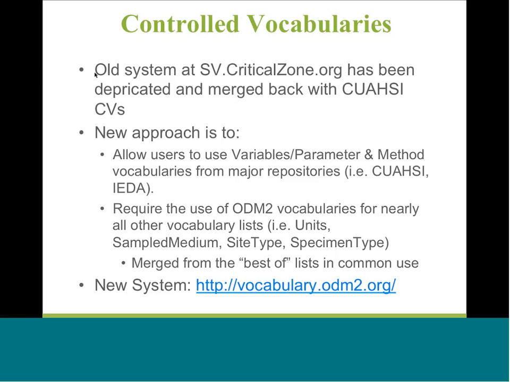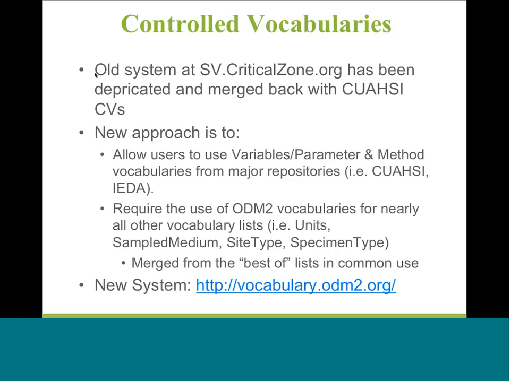And in that process, ODM2 actually allows the use of vocabularies from multiple locations, especially for things like variables and methods that are complicated and have a lot of history behind them. So variables, parameters, methods, etc. There is the possibility to point to really any vocabulary that's in use.